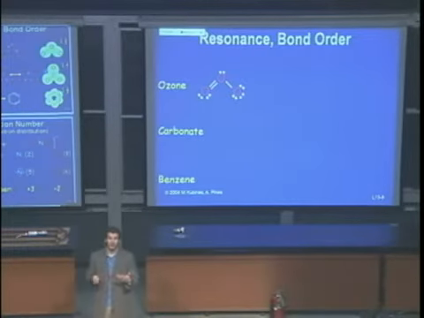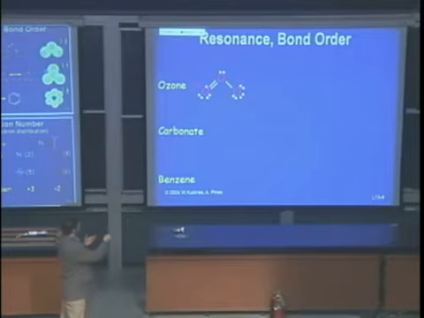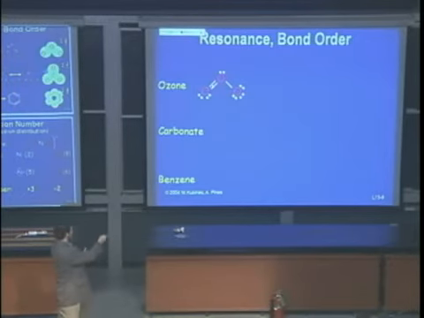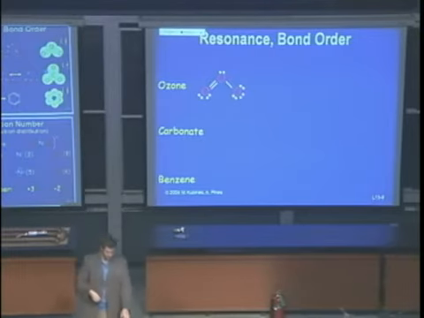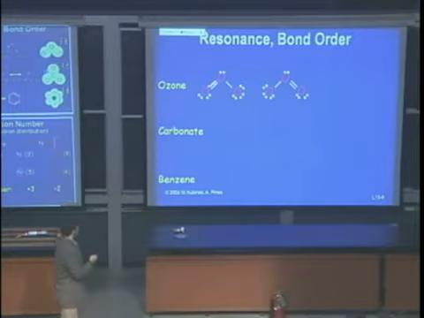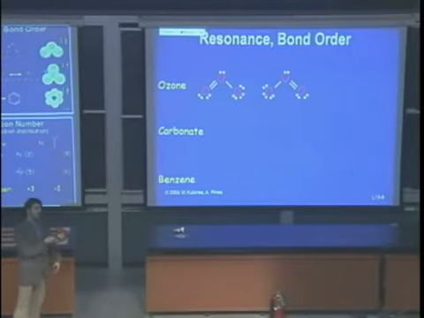But which one I make a double bond and which one I make a single bond is fairly arbitrary, right? Could I have drawn it with the double bond here and the single bond there? I'm pretty sure I just did. So whichever side we do it, these are equivalent.